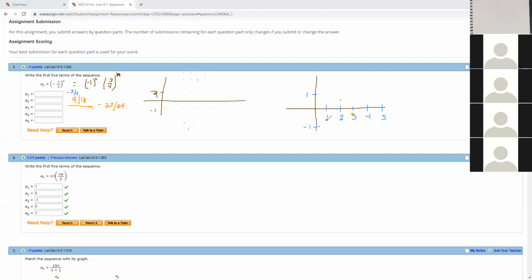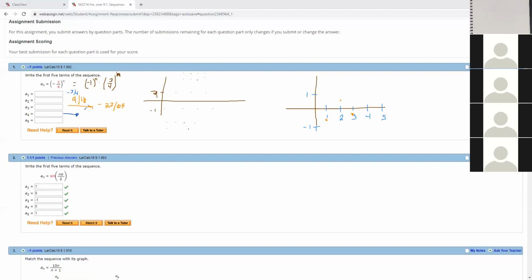So this is what starts to give it away. This was down at negative 3/4 or 0.75. This was up 0.5, and this is down even less than 0.5. And then the next one. I hope you're already thinking ahead and saying, yeah, these are alternating, but are they getting closer to some finite number or not?